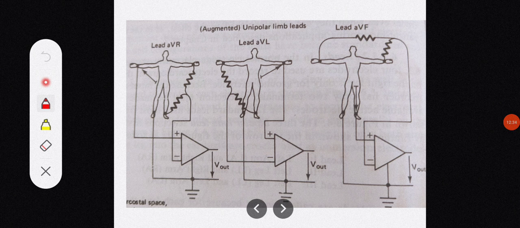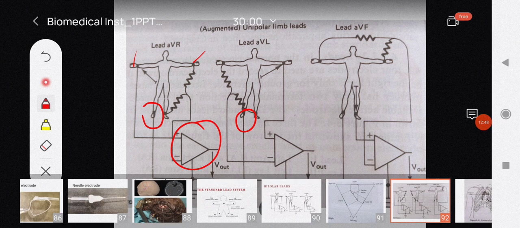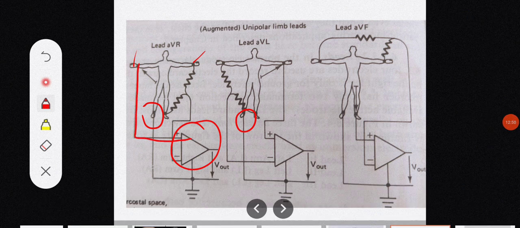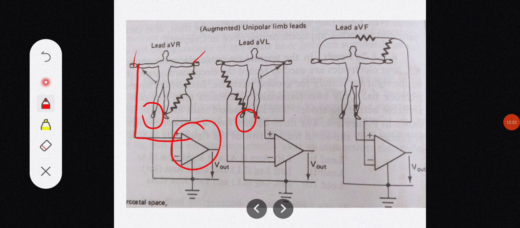As you can see, this is the amplifier. Here also the right leg is used as the ground reference, and of the 3 active electrodes, one will be the exploratory electrode, and we take the summation, or you can say the average, of the other 2 electrodes.